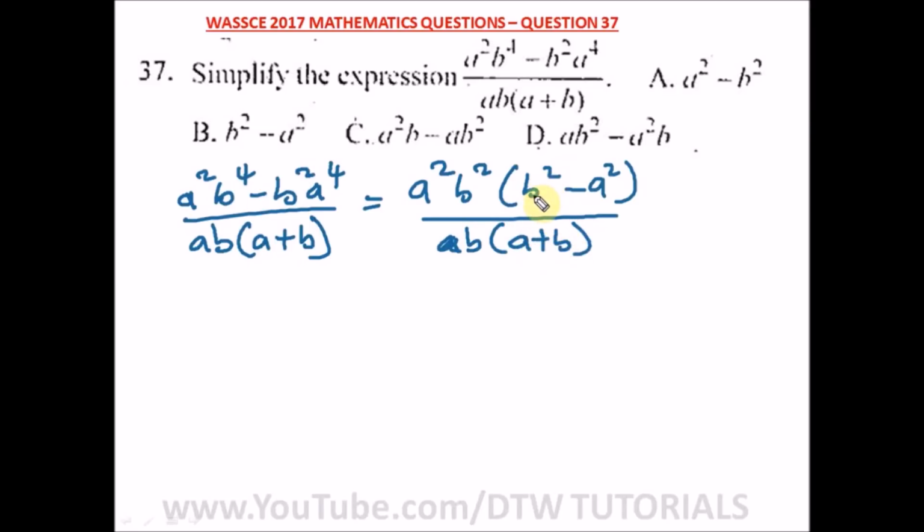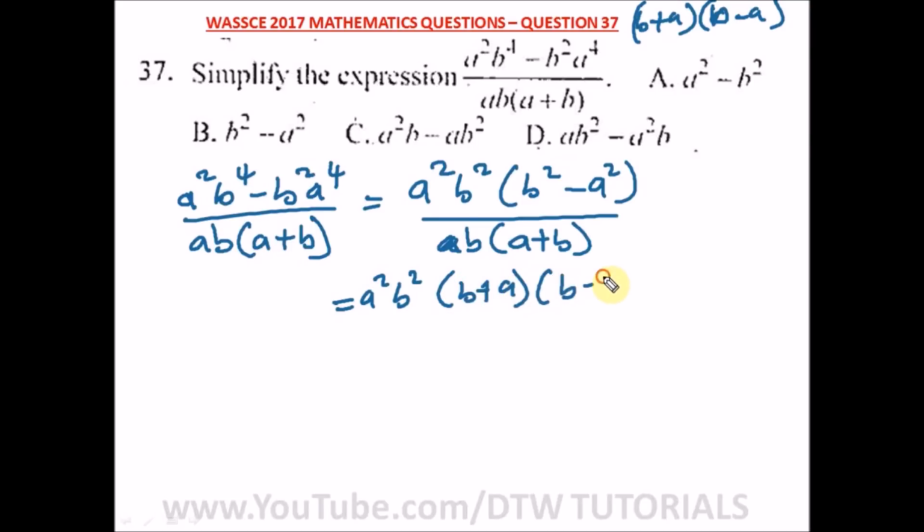From here, remember that anything square minus another square is the same as b plus a bracket b minus a. So we put this in here. We have a square b square bracket b plus a bracket b minus a divided by ab bracket a plus b.